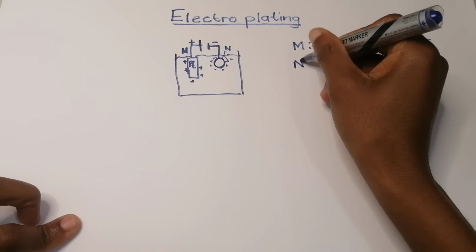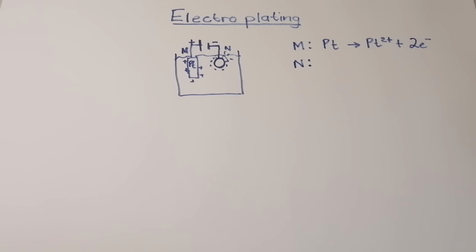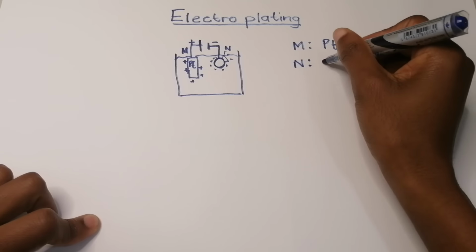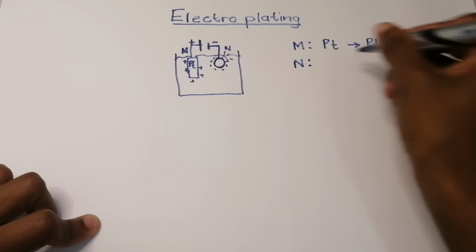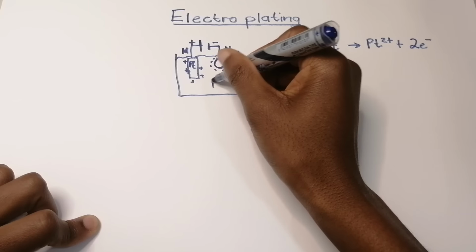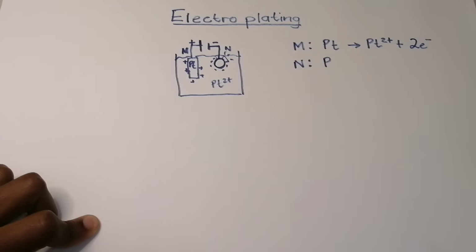And then at electrode N, just like the previous process where we were purifying, it's going to be exactly the same half reaction, only this time in reverse. So you have those Pt2+ ions.